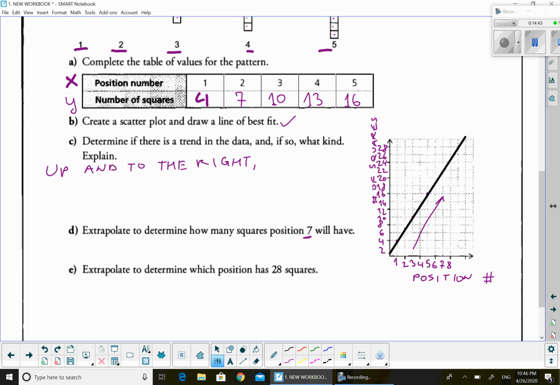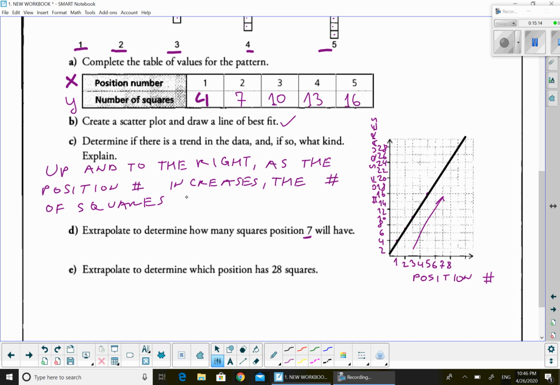And our relationship is as the position number increases, the number of squares increases as well.